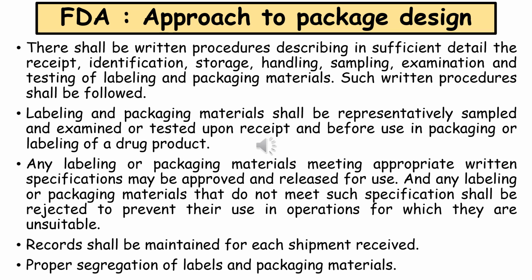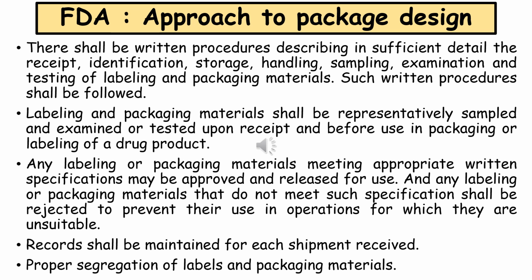Then the next guideline states that the labeling and packaging materials shall be representatively sampled and examined or tested upon receipt and before use in packaging or labeling of a drug product. Means after the receipt of packaging and labeling materials, they should be sampled and tested before they are used in packaging and labeling operations.